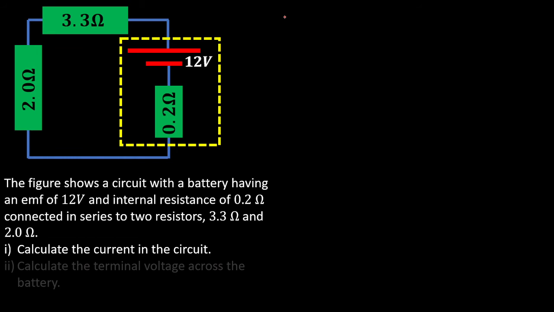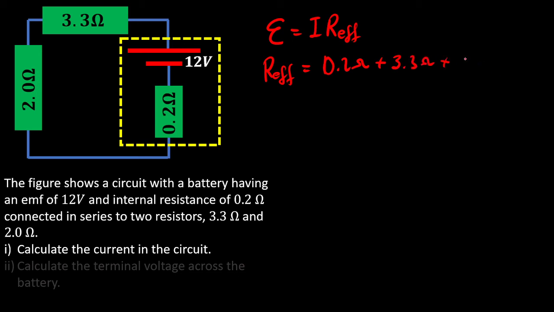So I know that epsilon is going to equal IR, where R is the effective resistance. Because they're all in series, this effective resistance is just 0.2 ohm plus 3.3 ohm plus 2.0 ohm. So I know this effective resistance is about 5.5 ohms.